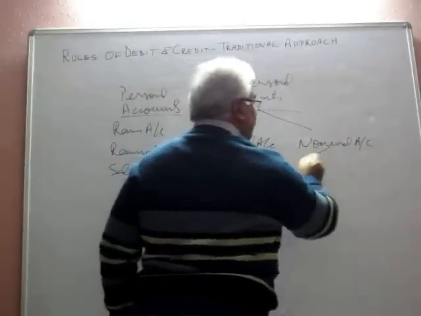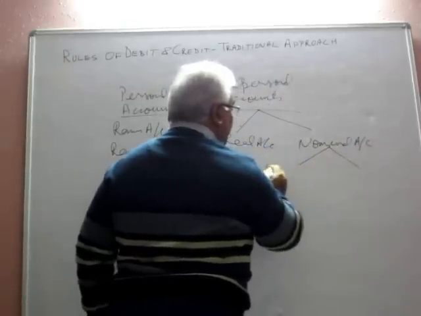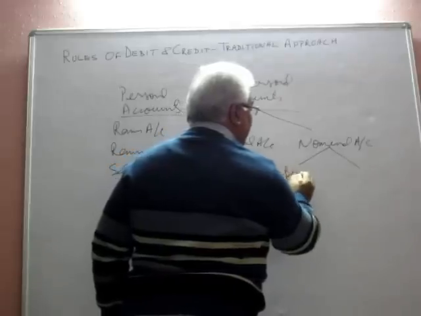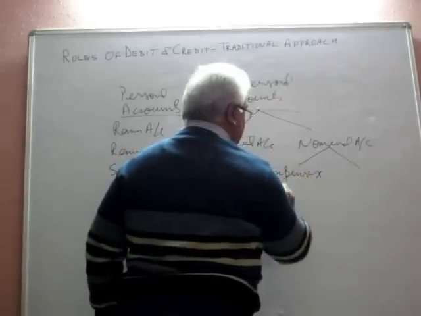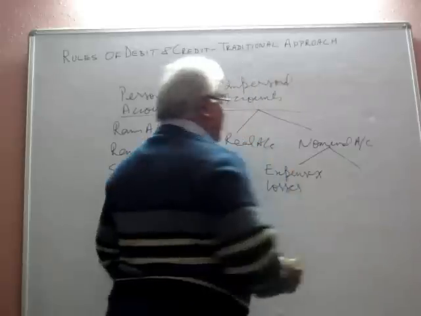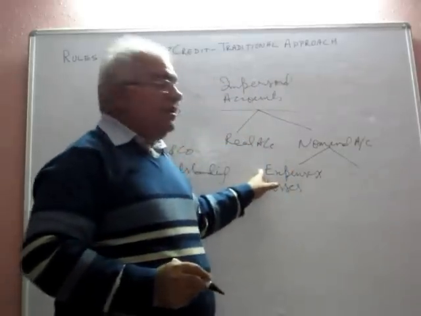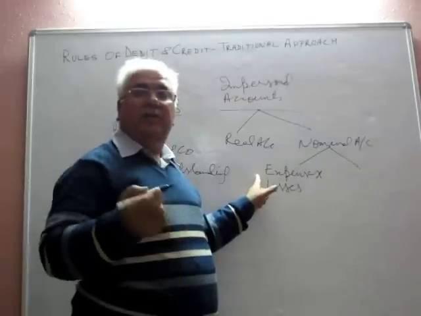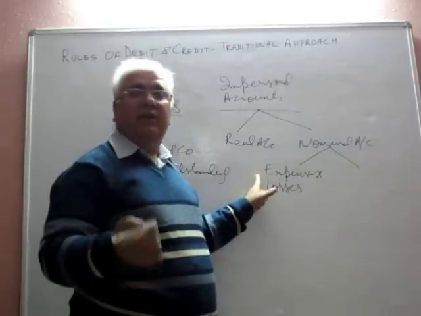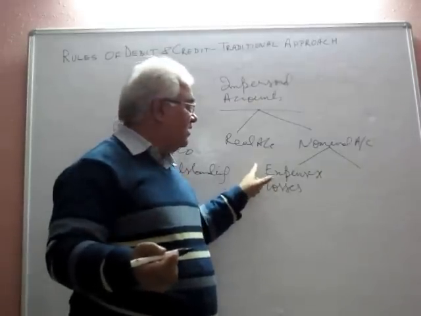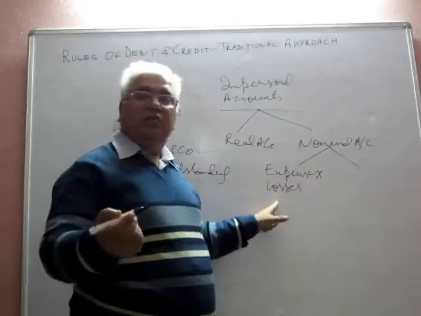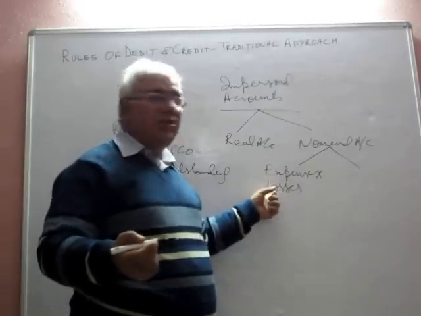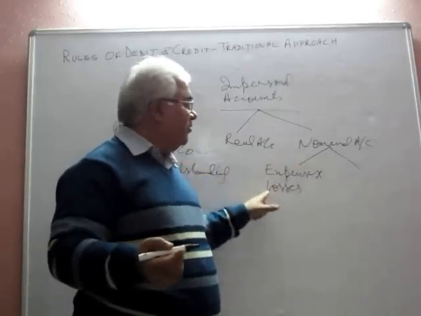These accounts represent all our expenses and losses. For example, purchase account is an expense, traveling account, conveyance account, telephone account, all these are expense accounts. For example, loss by fire is a loss account. All these are nominal accounts.